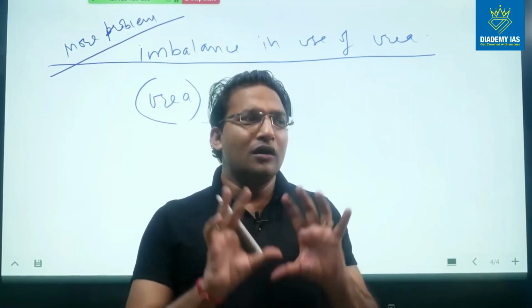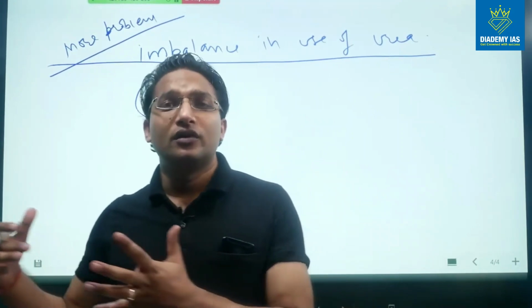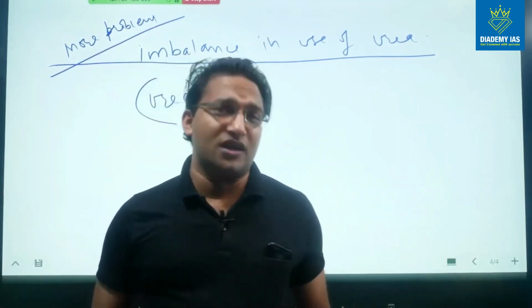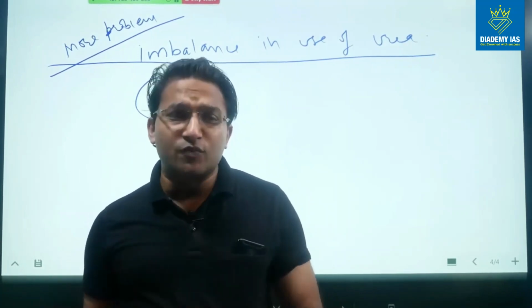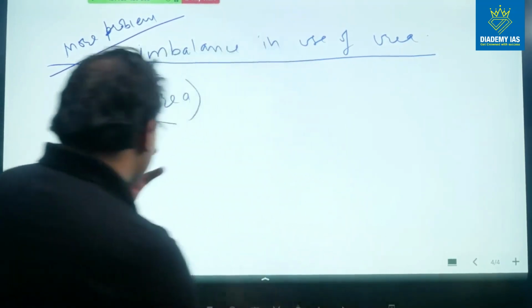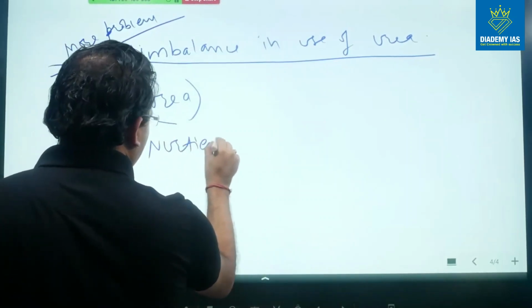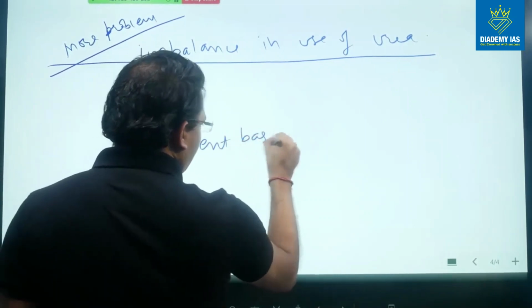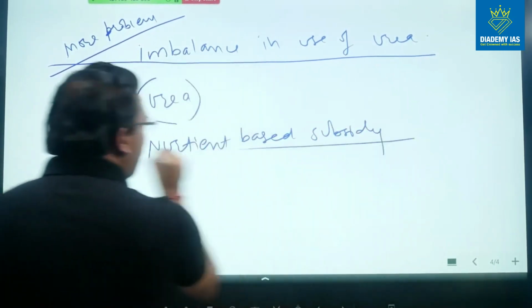So to control the usage of urea and to promote the usage of potash and phosphorus, which were required but were not being utilized because they were not sufficiently available at a subsidized price, the government introduced nutrient based subsidy, right? So in this subsidy, what government will do?